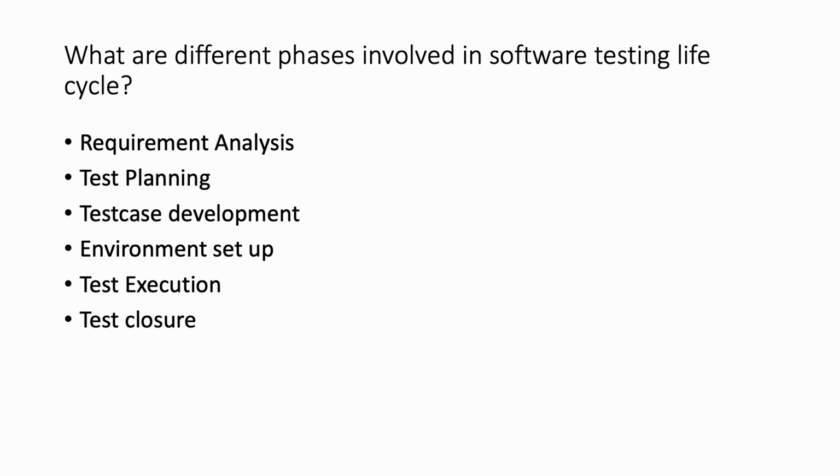What is the objective of doing this testing? What are the information required? We gather all the information initially, then only we can think what should be the next step to do. So the first step is requirement analysis, then we will go for test planning.